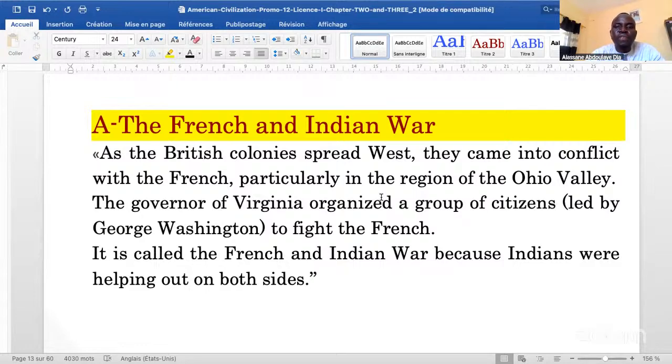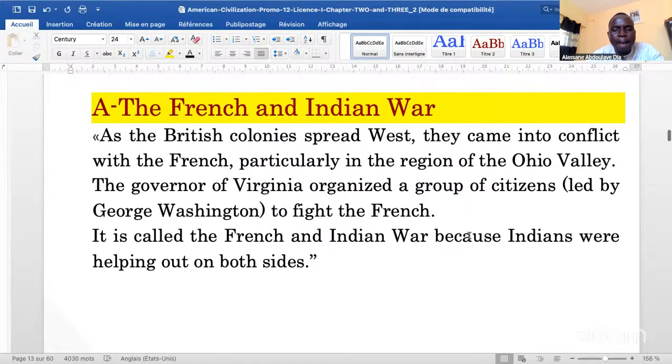So the governor of Virginia organized a group of citizens led by George Washington to fight the French. The governor of Virginia said, I'm going to organize a group, and this group is going to fight with the French. It was just a strategy to occupy more land. So it is called the French and Indian War. Why was it called the French and Indian War?